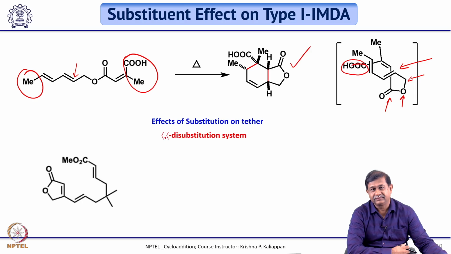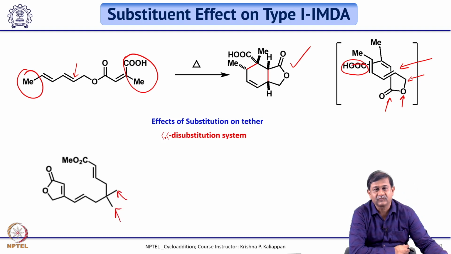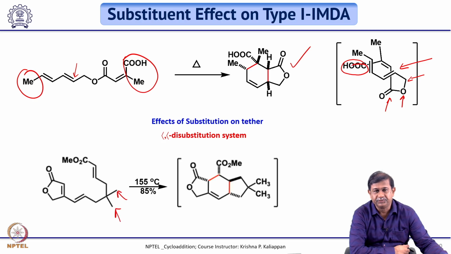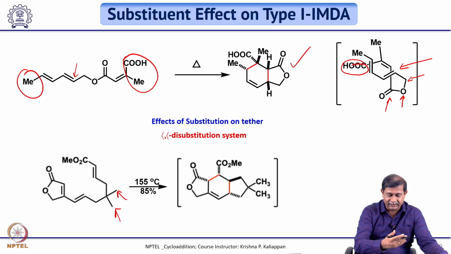Again a similar reaction, but you have two alkyl groups. Okay. So, what does it do? The two alkyl groups will force this substituent in such a way that again you will get the endo product.